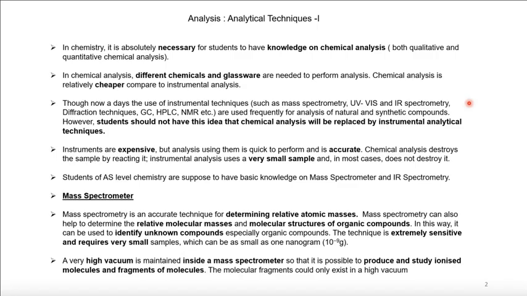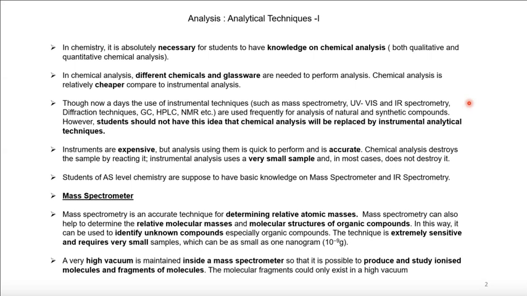But this will never replace the so-called chemical analysis we do simply with glassware and so. Instruments are very expensive, definitely, but one can analyze very quickly, and it is accurate also.